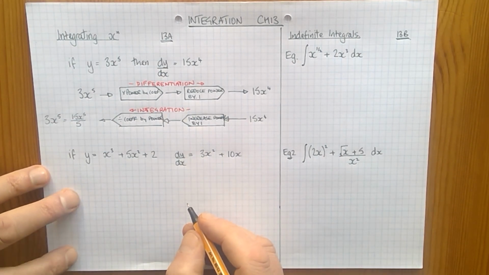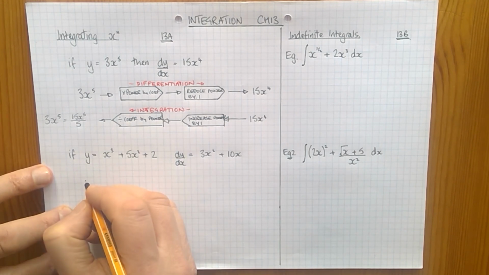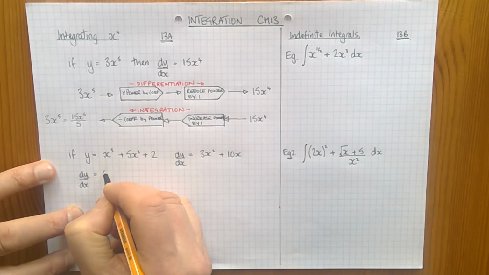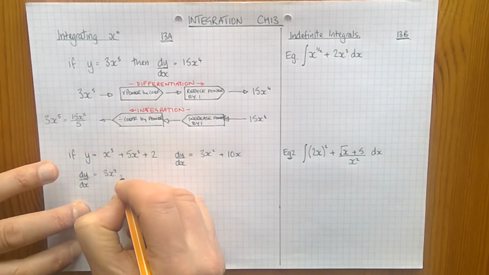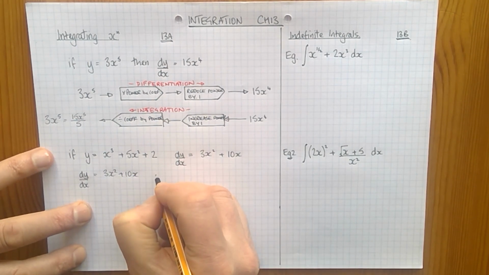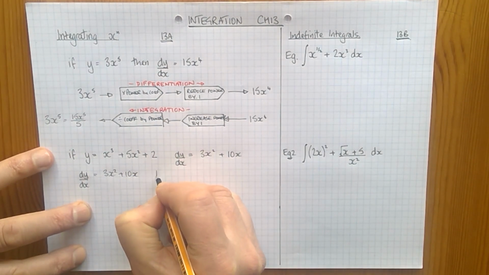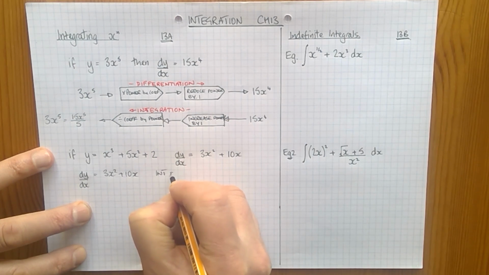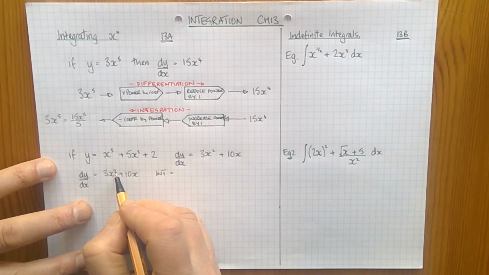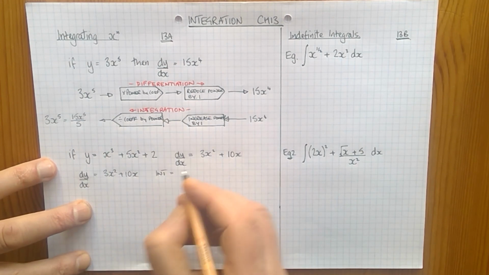Okay, let's work backwards. If the differential is 3x squared plus 10x, then we're going to integrate it. So let's integrate that. The integral is: increase the power by 1, divide by the new power.